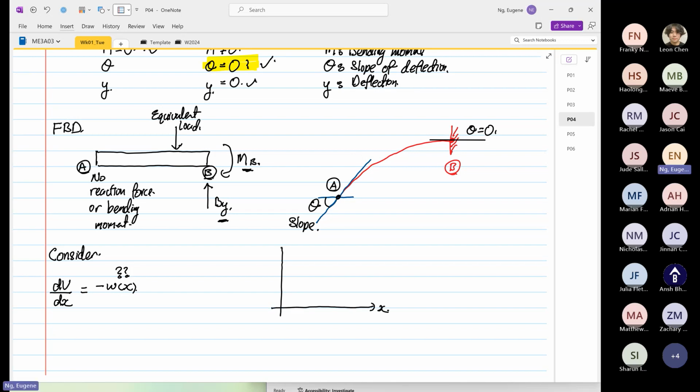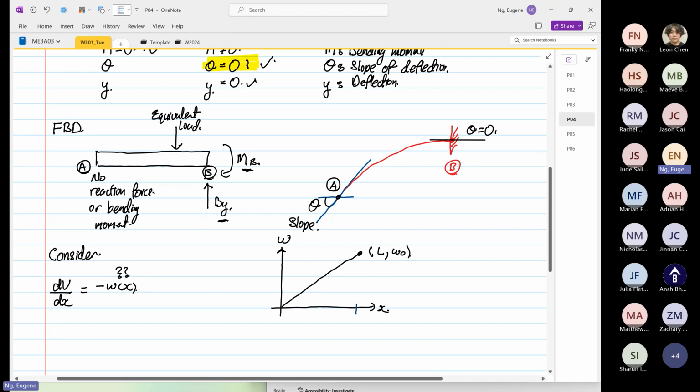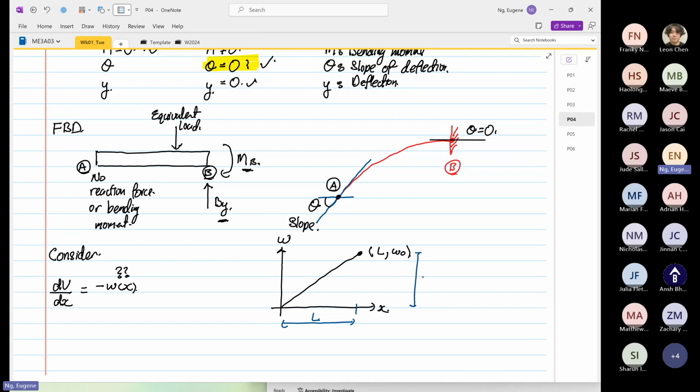This is x and this is omega, and we know that we are on a slope down here, and at this point we have L and omega naught. Why L? Because the distance from here to here is L. The height from here to here is omega naught.